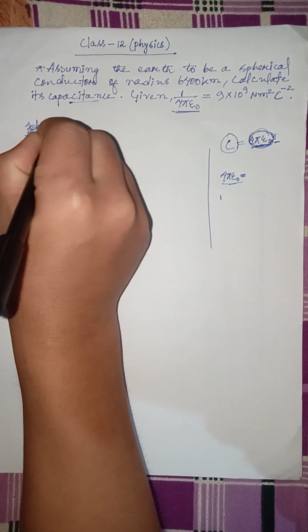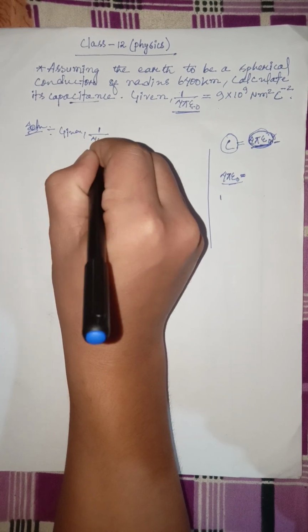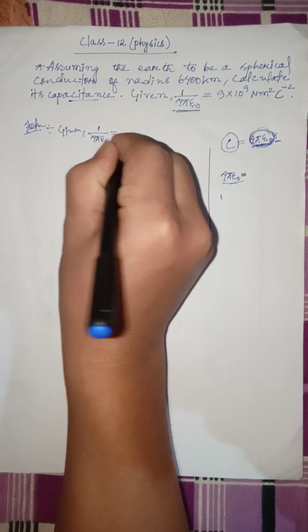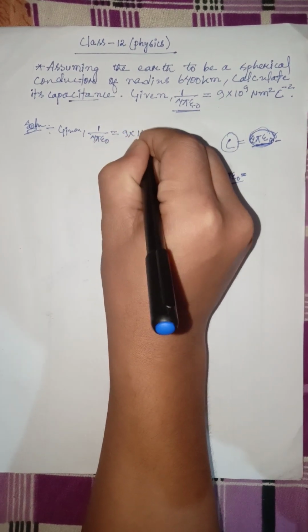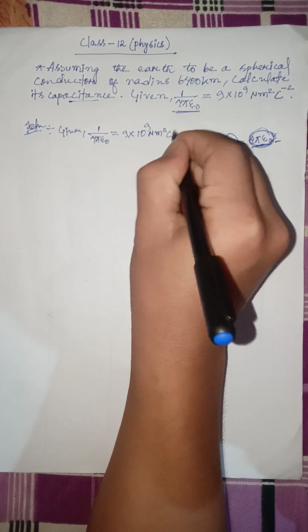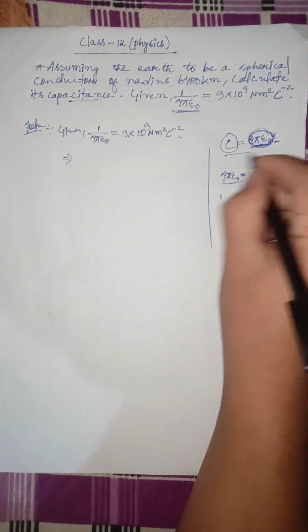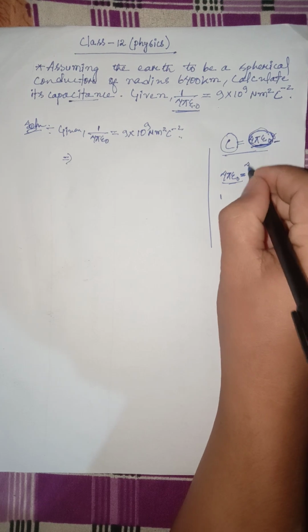Let us write the solution. Given, it is 1 by 4 pi epsilon naught equal to 9 into 10 to the power 9 Newton meter square per Coulomb square, right? So this is what we have. And then in order to find this capacitance, what do we need?